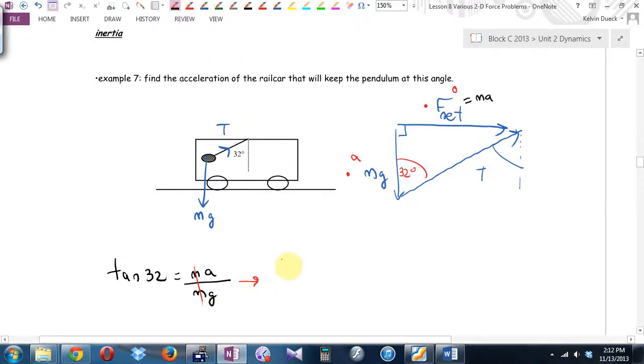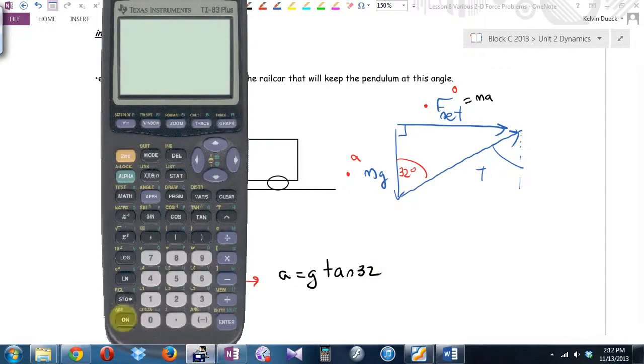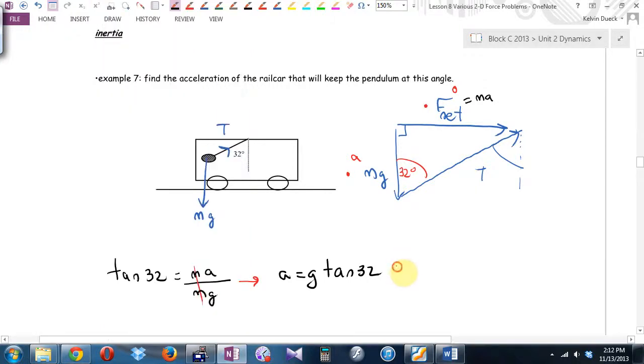I totally agree. a is g tan 32. You get 6.12? Yeah.